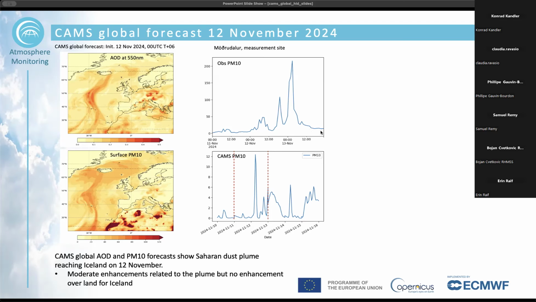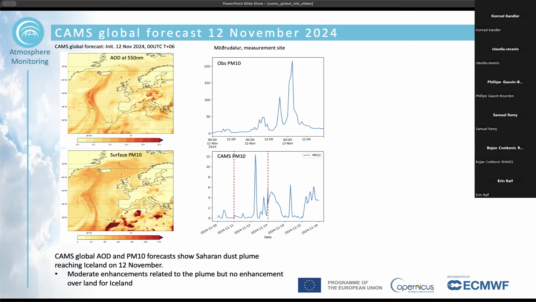These are the measurements from the 11th, 12th, and 13th of November. We see up to about 200 micrograms per meter cubed of PM10, and in the CAMS global PM10 surface concentration, there's some enhancement, but it's considerably lower, and in fact, I would say there's not really much of an enhancement there during these days in the PM10.